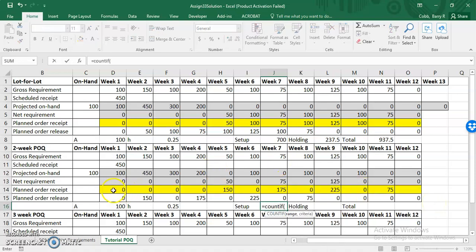Well, we'll count the setups. When are the planned order releases greater than or equal to 0? Specifically, count them if they are. There should be 4 of them that are greater than 0. So we should pay the fixed ordering cost 4 times.